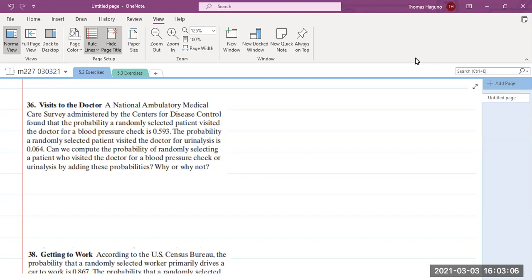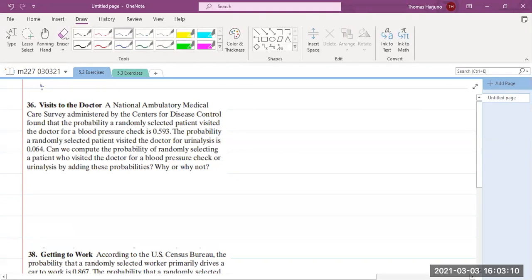Let's see number 36 from section 5.2. We have done some problems already, or something similar to problems in 5.2 before.